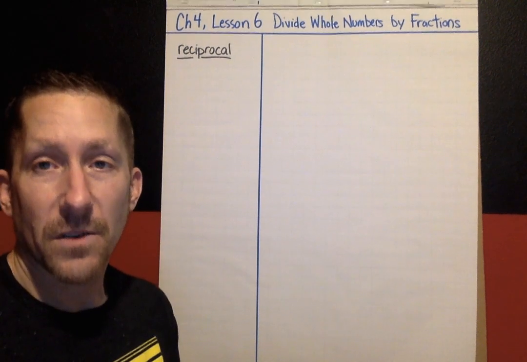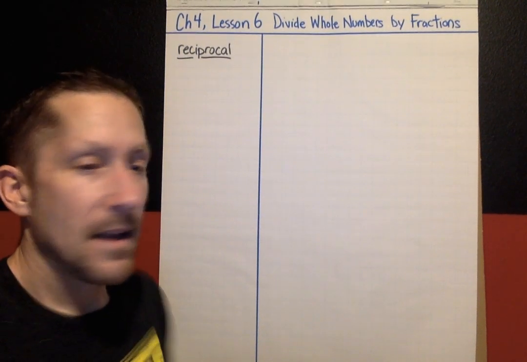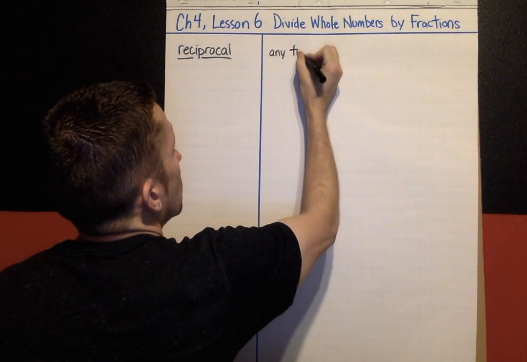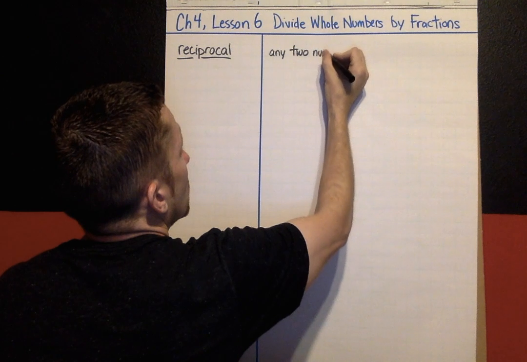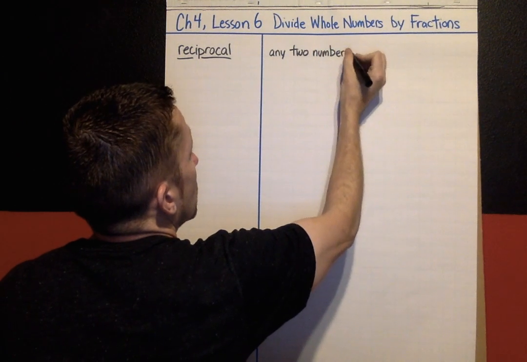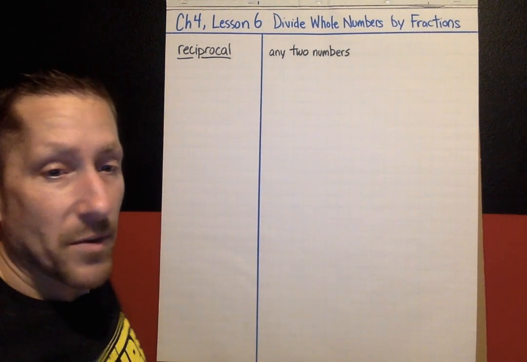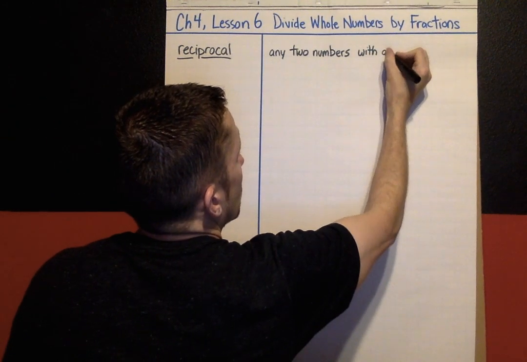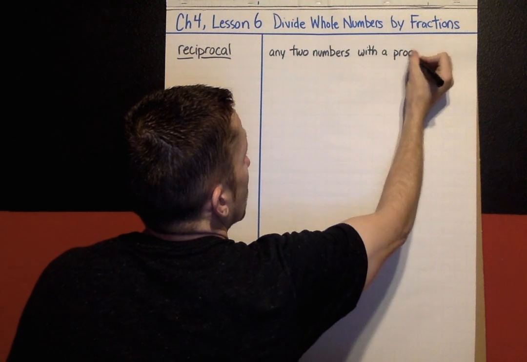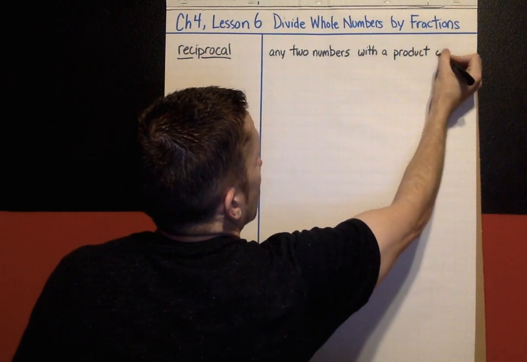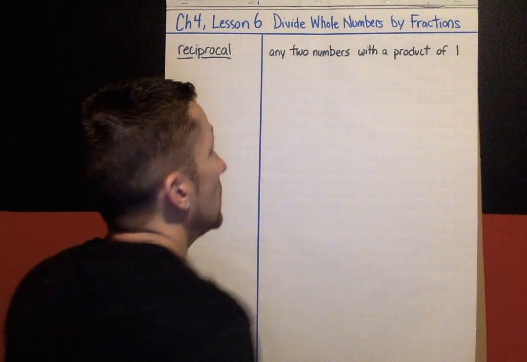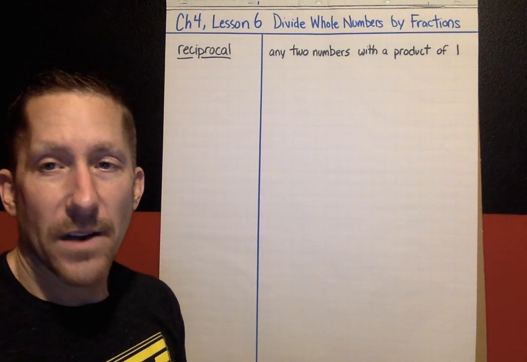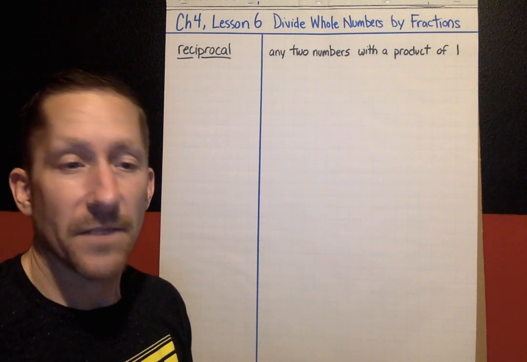And what a reciprocal means is any two numbers with a product of 1. So any two numbers that have a product of 1 are reciprocals of each other.